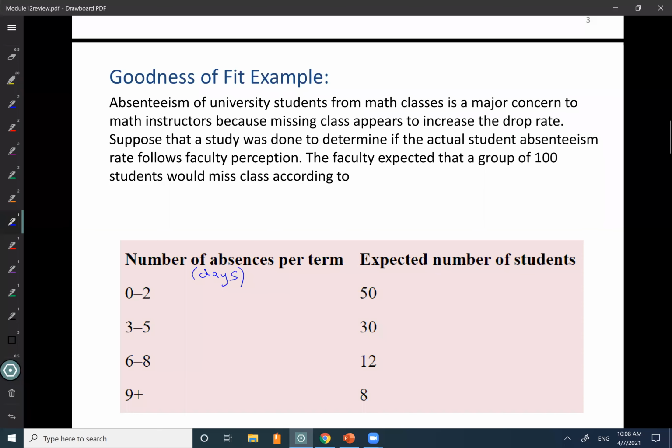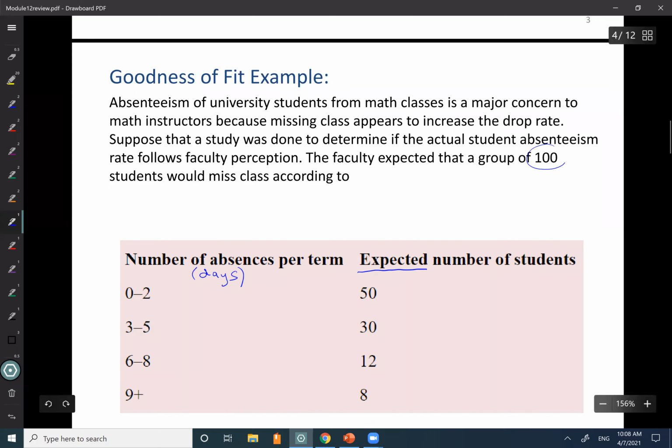Okay, so the expected number is what they would expect to see, before they actually collected any data. This is the expected value, the expected number of students per day. For 0 to 2 days, they would expect to see 50 students. For 3 to 5 days absent, they would expect to see 30 students out of 100.